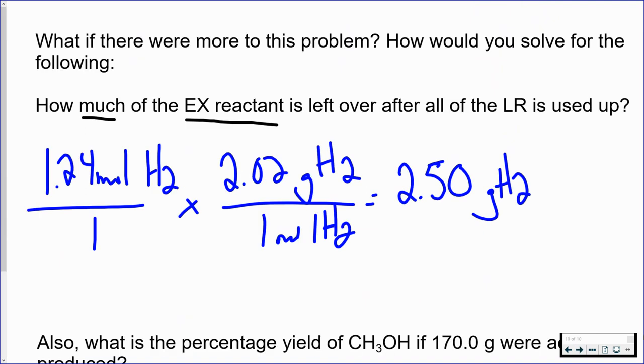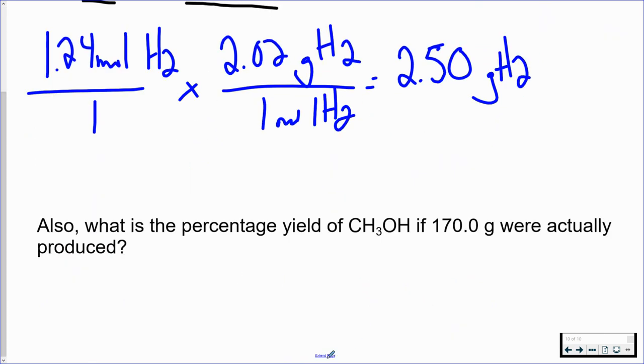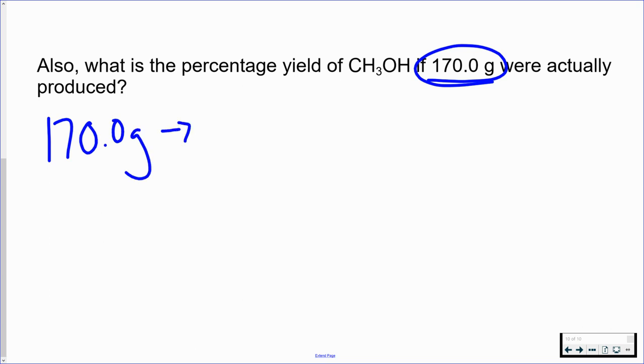So we have one last thing to do. We want to see how efficient this reaction was. Well, Mr. Madej and Mr. Carneal were in the lab. We were running this reaction, and we determined that really we only got 170 grams. So you have 170 grams, and this is the actual. Based off of how much we could get, it was 174.5.